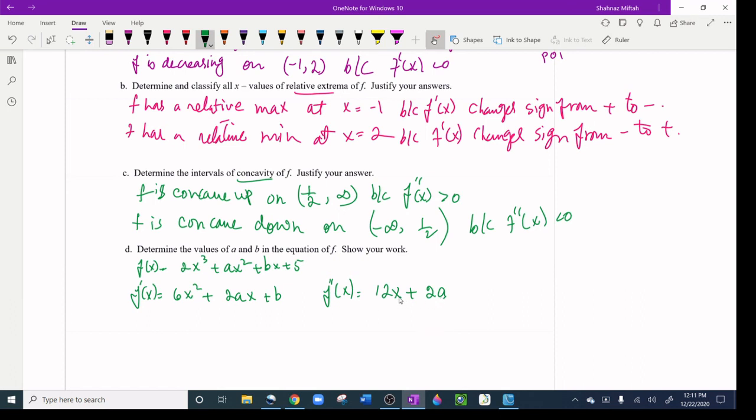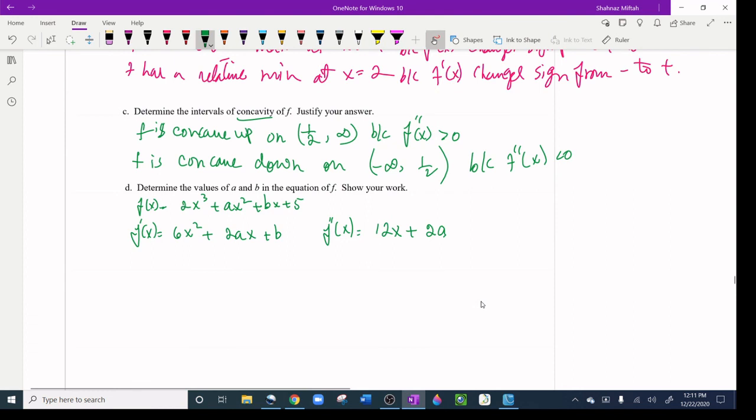So this is okay. I have a and I have x. Now if I know the x, I can clearly figure out my a, because I can make the double prime equal 0. Since the double prime always gives me inflection, what is my point of inflection here? What is my x value?